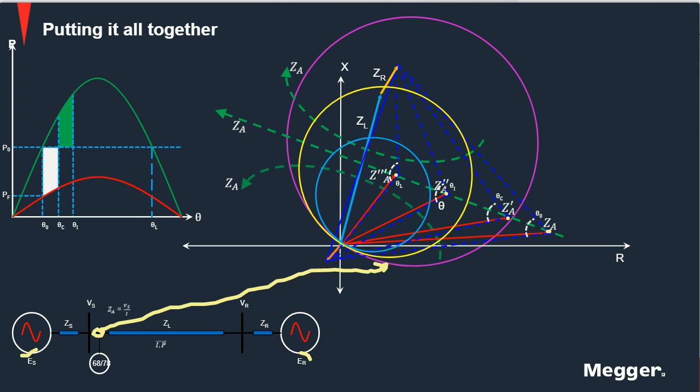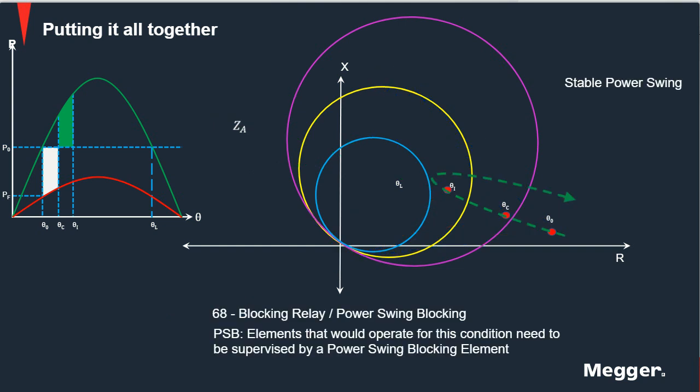Now, if you have a stable power swing, the relay will see the impedance going in, but remember that if the power swing is stable, the machine will move, the angle will move in this direction, but then the angle will go back and reestablish itself at a value closer to the value of the angle of the load, right?